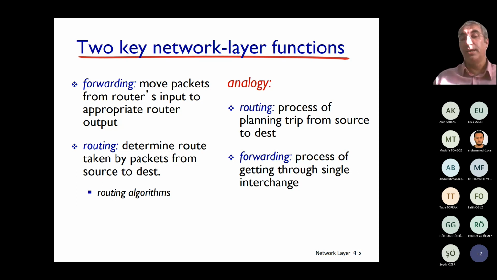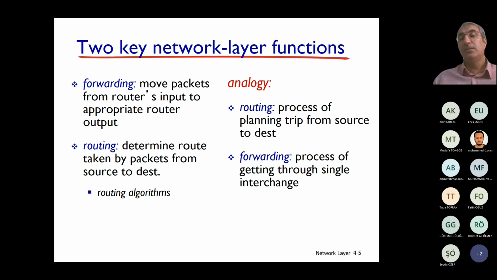On the other hand, forwarding is just the process of getting through a single interchange. Because in this travel, you need to either take a taxi cab from your home to the airport, and then from the airport you take the airplane to the Ankara airport, right? And then from the Ankara airport to the office, you take maybe a shuttle or taxi or your rental car.